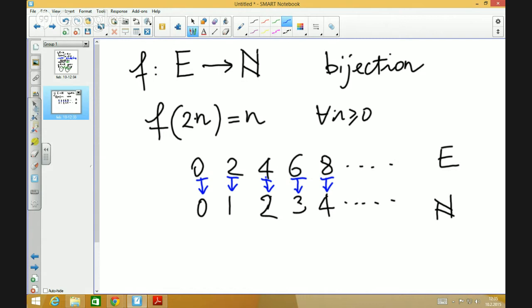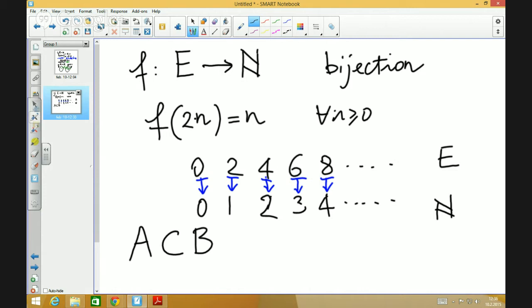Okay? Surprise, surprise. In the world of infinity, when you work with finite sets, if A is a strict subset of B, then obviously A has fewer elements than B, because there is something missing.